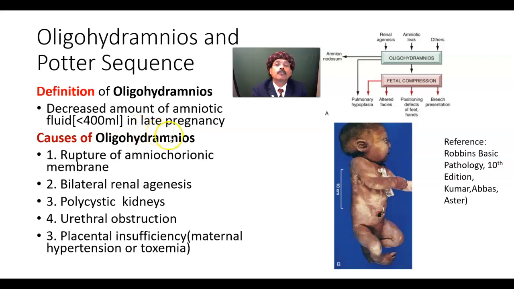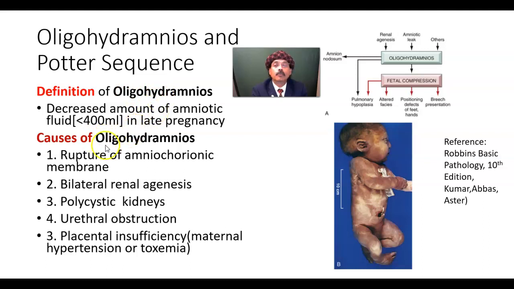What are the causes of oligohydramnios? Oligo means small, hydramnios means the amount of amniotic fluid, so less amniotic fluid is oligohydramnios. What are the possible causes?